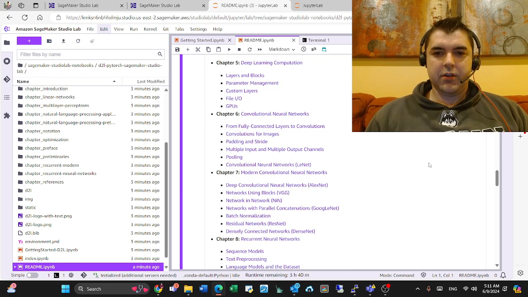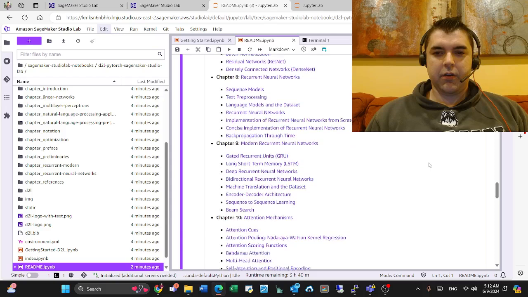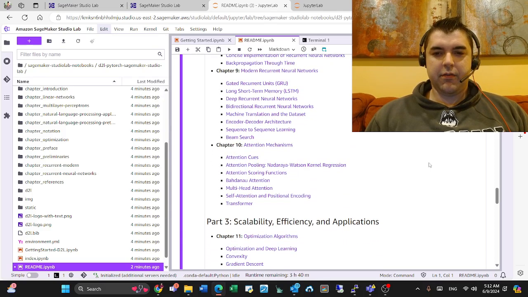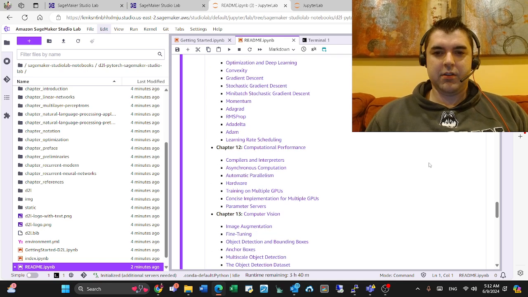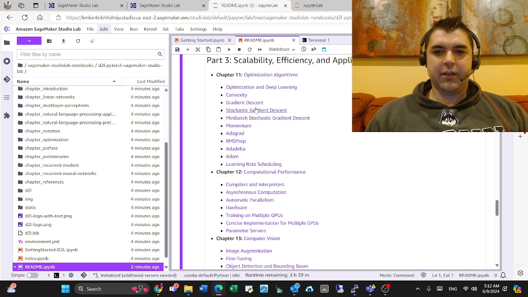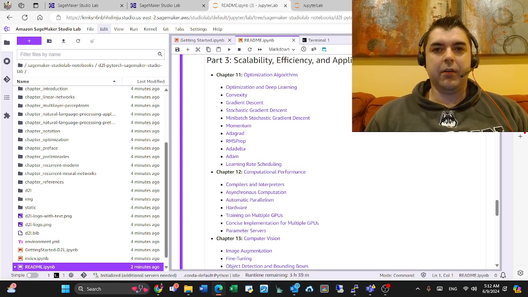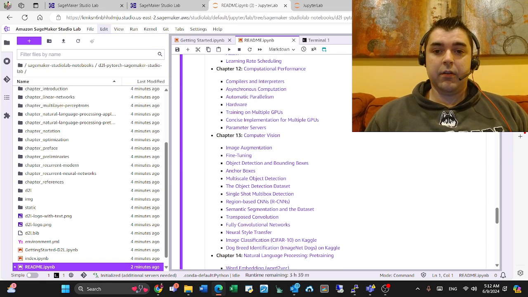Deep learning computation, convolutional neural networks, modern convolutional networks, recurrent neural networks, modern recurrent neural networks, attention mechanisms, scalability, optimization, gradient descent. I feel like gradient descent should be a lot earlier on because that's fundamental. I mean, you use gradient descent on logistic regression, for example. This looks good though.